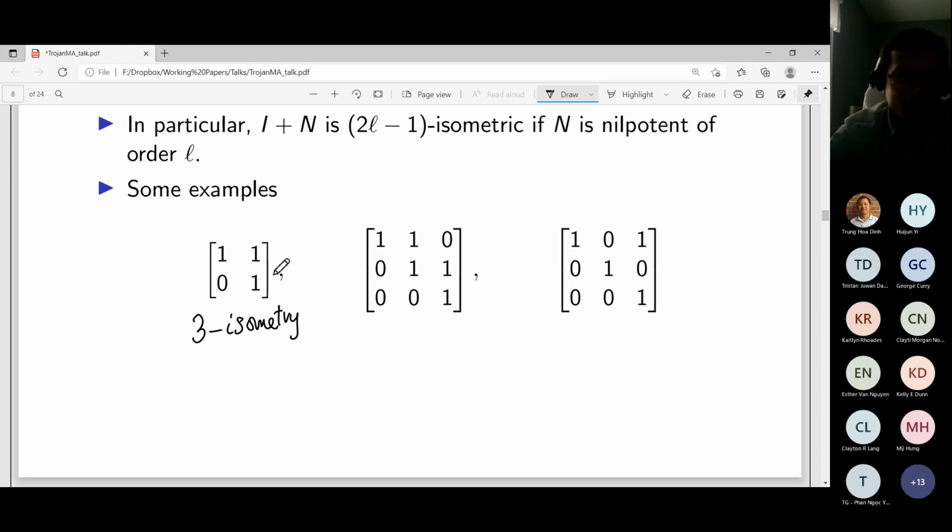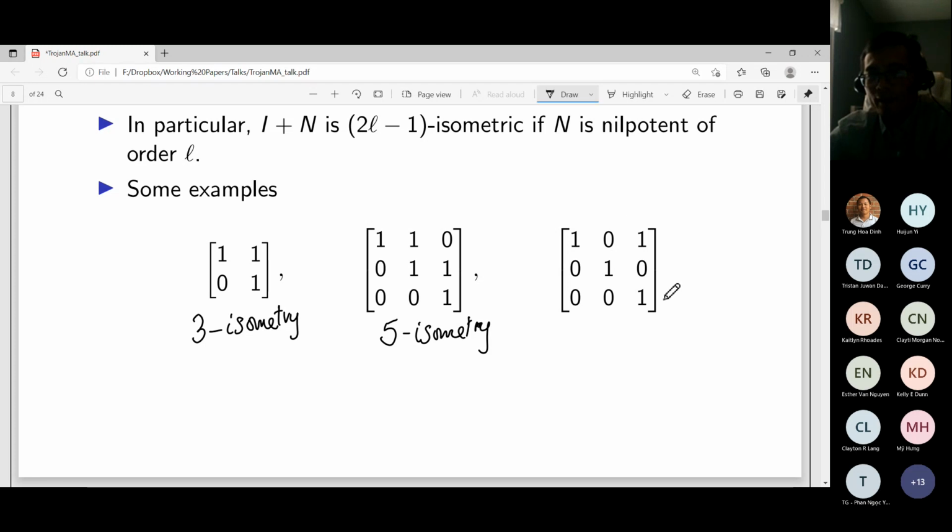I think for this nilpotent, if we raise to power 2, we get a 1 in this corner, so we need to raise to another power to get 0. So the nilpotent is of order 3, and for that reason, the sum here is a 5-isometry. It satisfies the equation corresponding to m equal to 5.